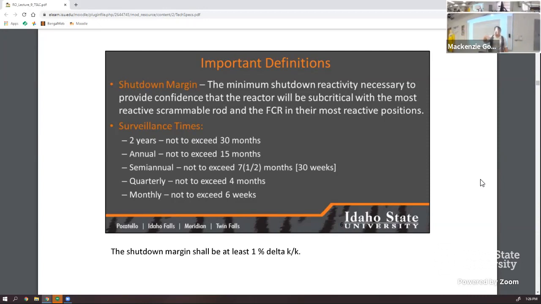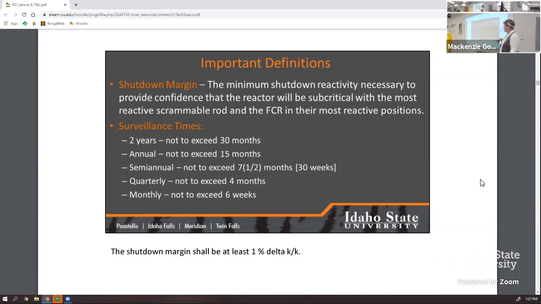When we put the reactor in shutdown, we have to know that there's not going to be any chance that it can go critical again without us as operators moving the control rods, right? And even if for some reason you can't get the most valuable control rod out of the core, it stays.